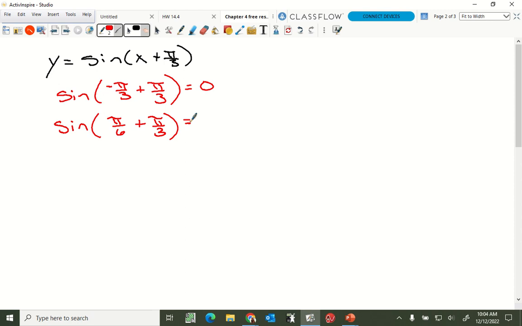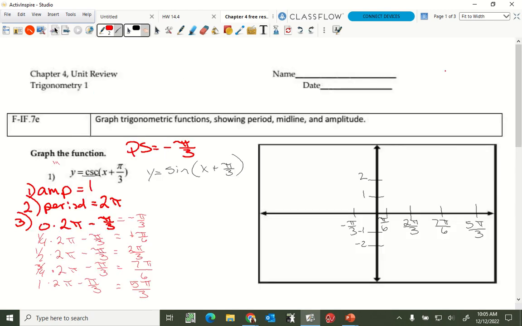I didn't think we had 0 as an answer. But was 0 one of our answers? No, 0 wasn't one of our parts. So I'm only plugging in the parts. So I plug in the negative pi over 3, and the next one was pi over 6. That's why. So yes, if 0 would be one of my points that I'm plugging in for my parts. But yeah, that one's not.